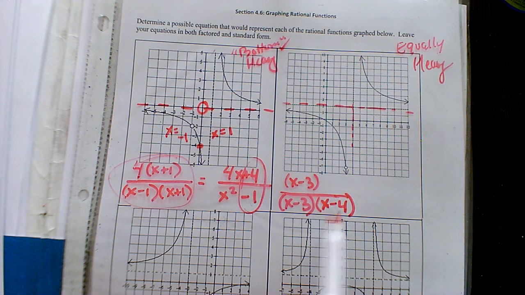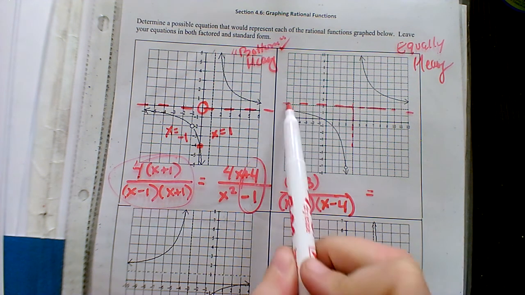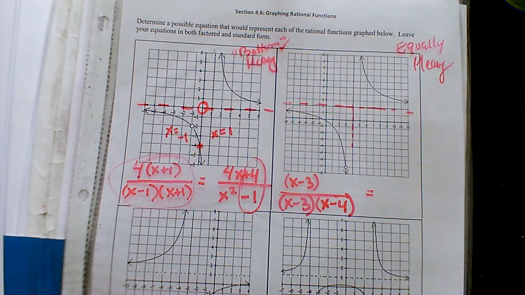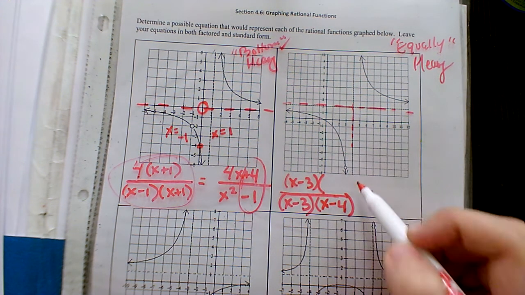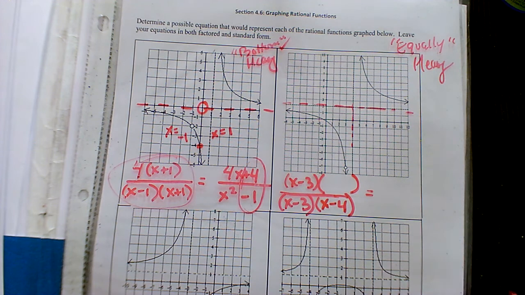Now, based off of what we have so far, we can anticipate that if we were to expand this, we'd have an x squared on the bottom, but only an x to the first up top. So since our horizontal asymptote is somewhere other than 0, we know they have to be the same. So there must be some other factor up here so that we can have 2 x's up top and 2 x's on the bottom.